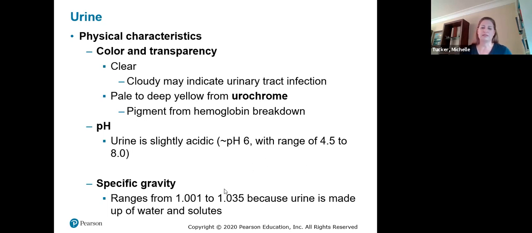As a person becomes more dehydrated, it becomes more dense and the specific gravity would increase. You would see a specific gravity of someone who is dehydrated to be more around 1.03. So specific gravity increases as urine becomes more concentrated and is a reflection of hydration status.